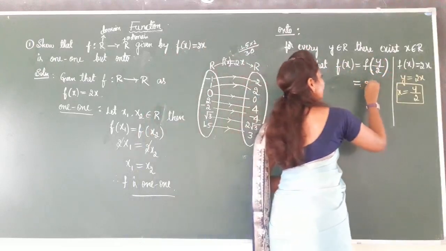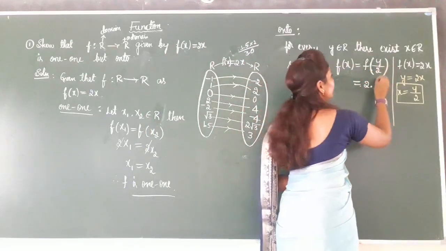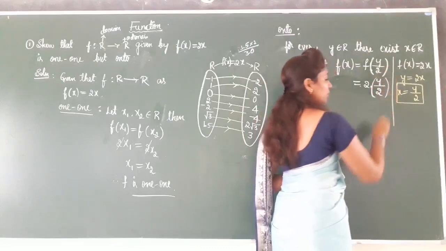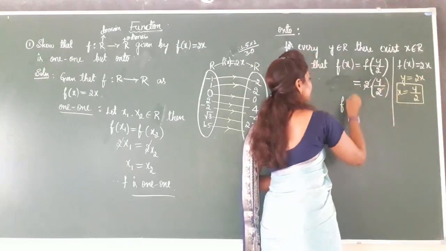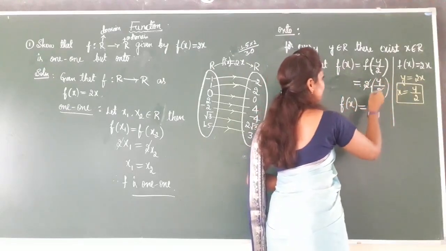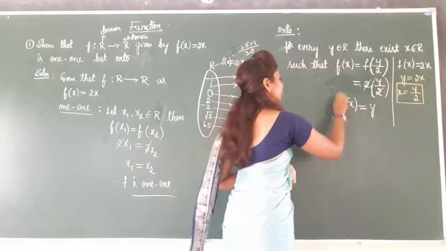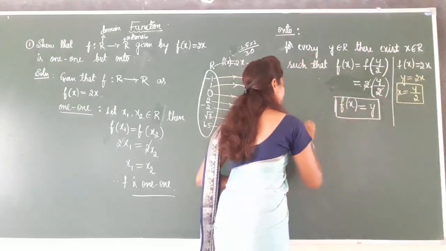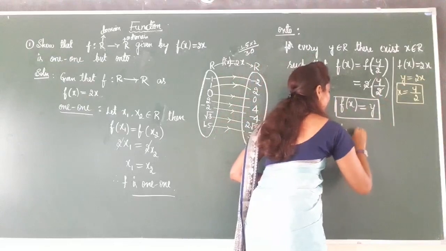If we replace x by y by 2, we get 2 into y by 2. Here the 2 gets cancelled, then the LHS is the same as it is. F of x is equal to the remaining y. We get f of x is equal to y. Then f is onto function.